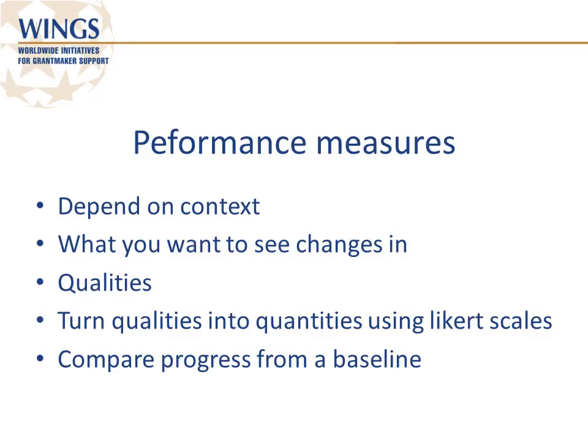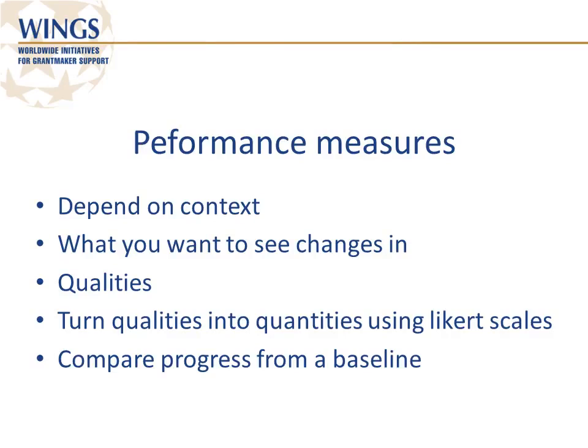And we've used numerical scores to actually assess those things. We haven't done it ourselves. We've asked people in communities to do that and to argue about those scores and begin to get some kind of norm for those scores. So that what you can then do is compare progress from a baseline.